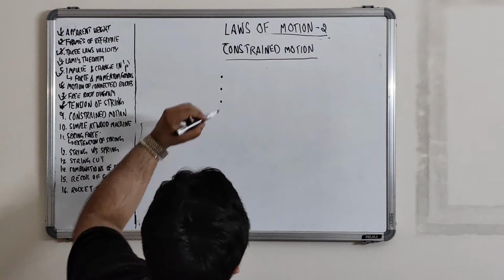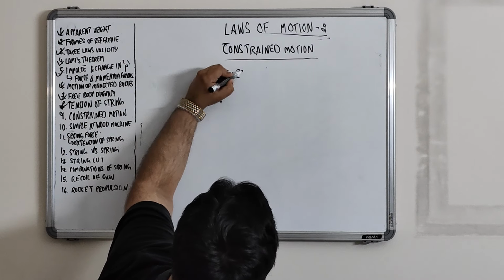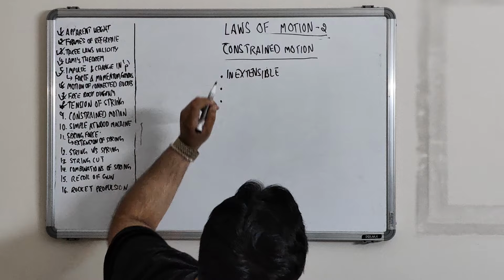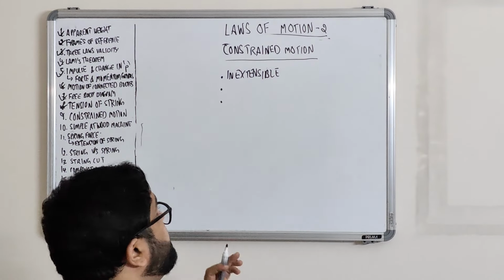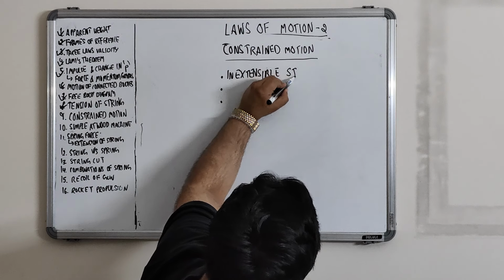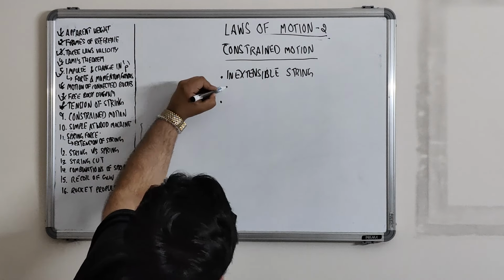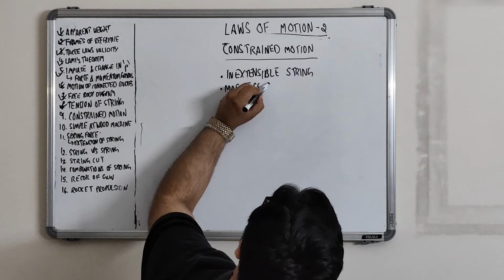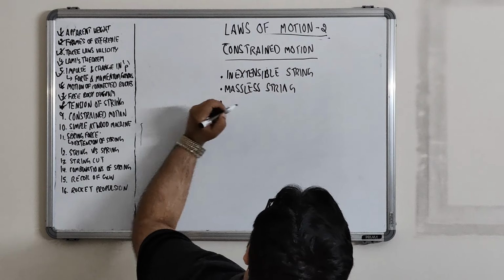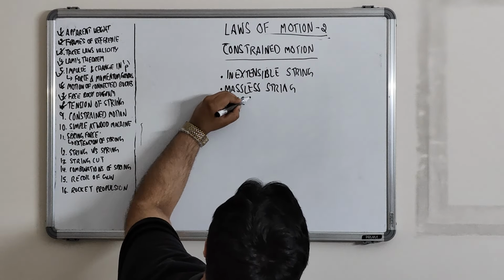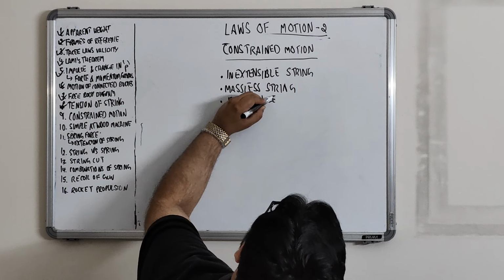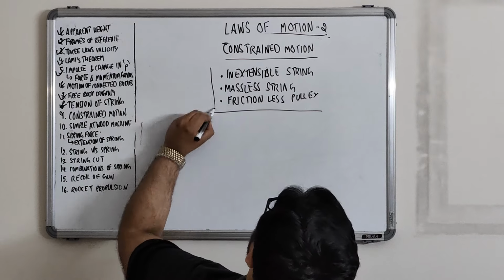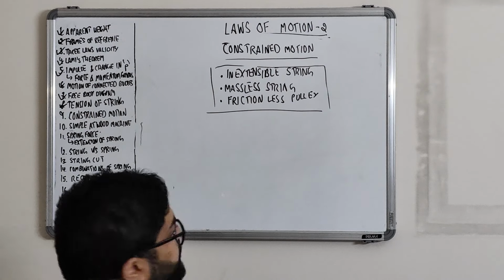If it's not written, there are three assumptions: first, the string is inextensible, massless string, and frictionless pulley. So, inextensible string.